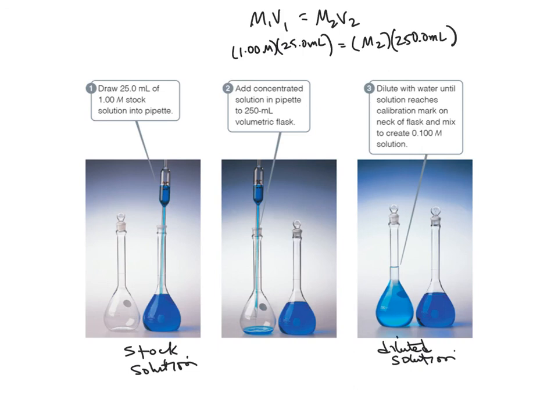So you're going to solve for M2, and that'll be a 0.1 molar solution. So you've gone from a 1 molar concentrated to a 0.1 molar dilute solution using this technique. So it's just a way to make up some more dilute solutions.